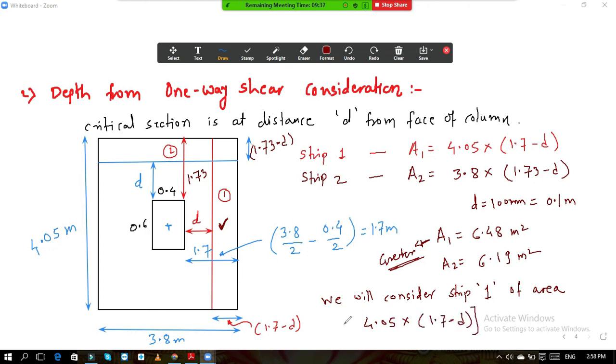This is the area. Okay, so further calculations we will see in the next lecture.